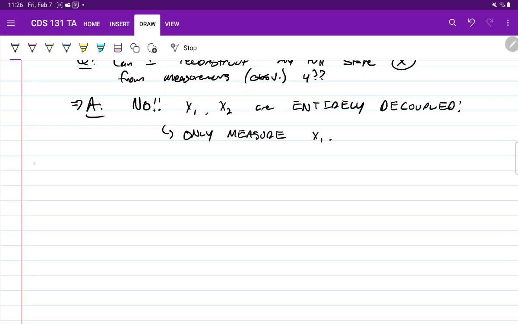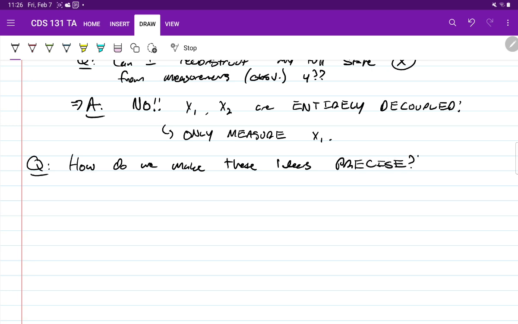So my next question is, how do we make these ideas precise? There's a nice idea: if we're trying to reconstruct the state vector for all time, maybe it's sufficient to know what my initial condition was.